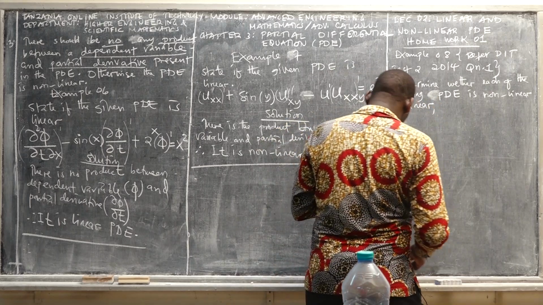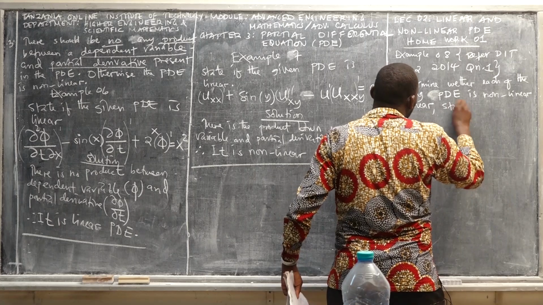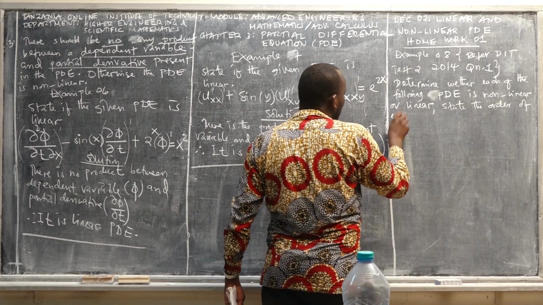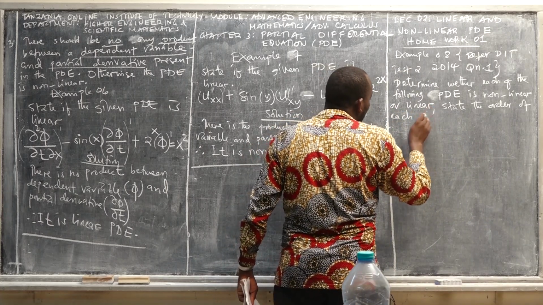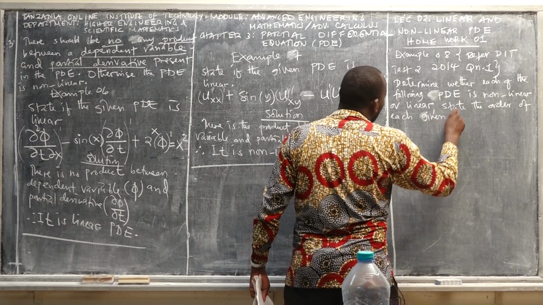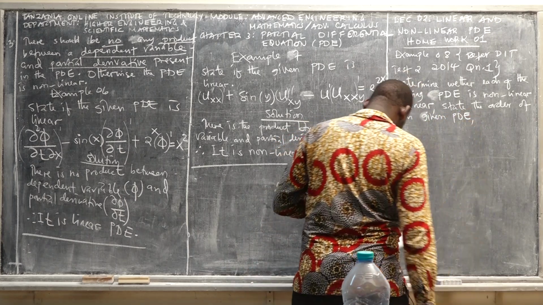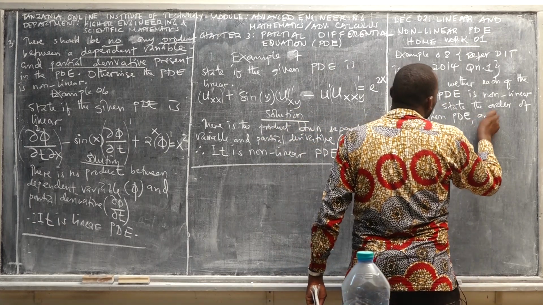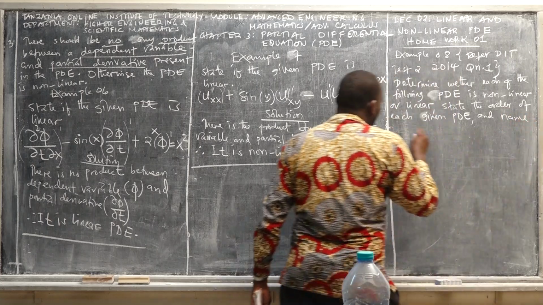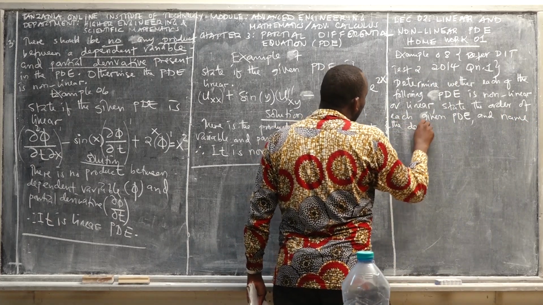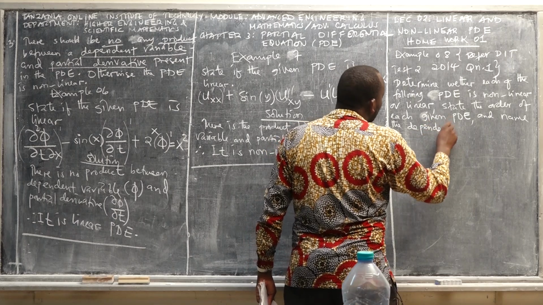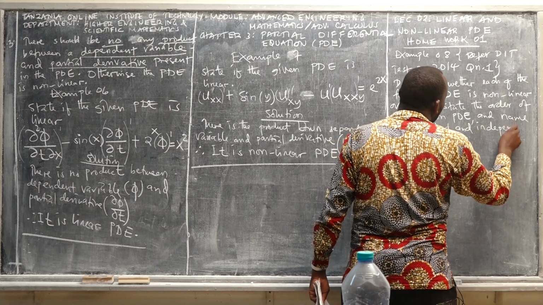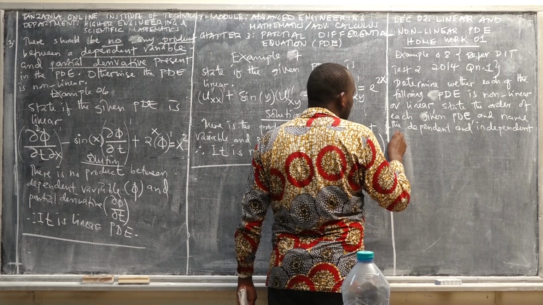Also state the order of each given partial differential equation, and name the dependent and the independent variables.